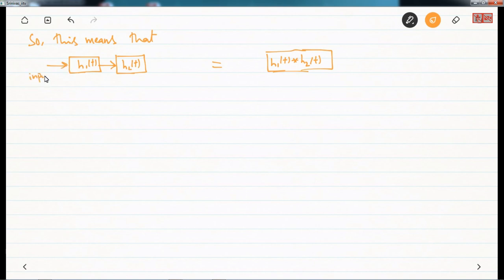Here is the input, here is the output. We simply applied this property again. Now let's do the distributive property.